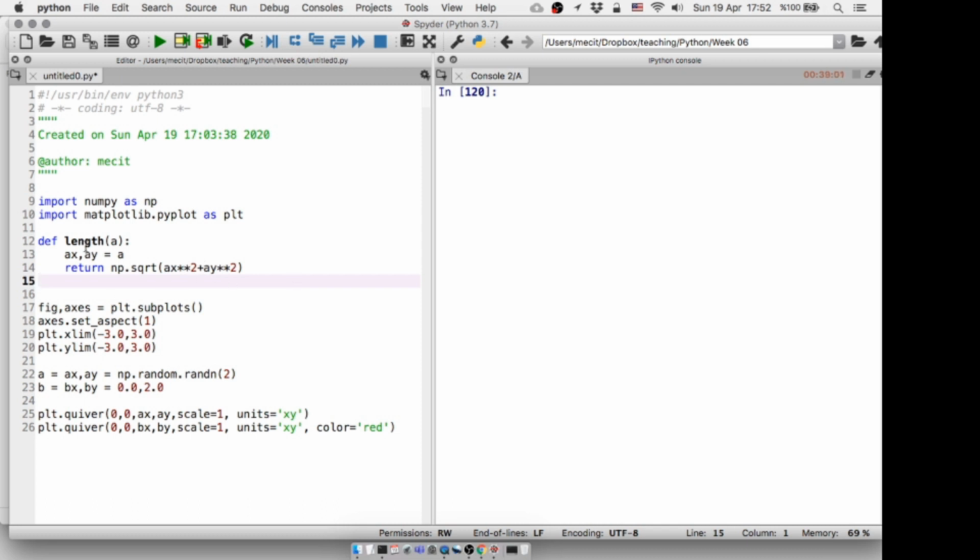I think it should be obvious at this point why I am using a and then assigning them to a directly. I want to work with vector objects if possible. So my function is defined.